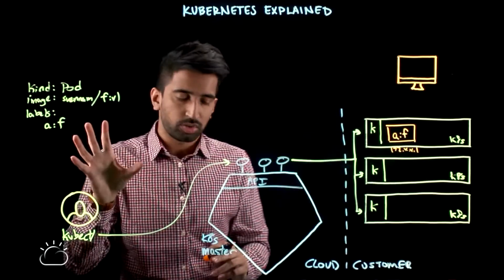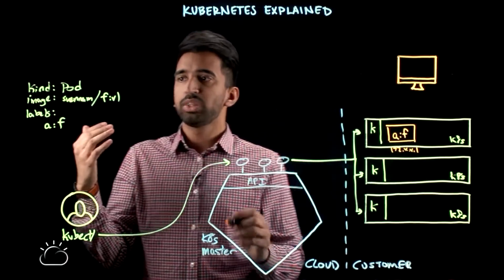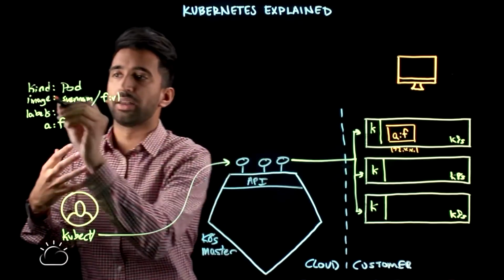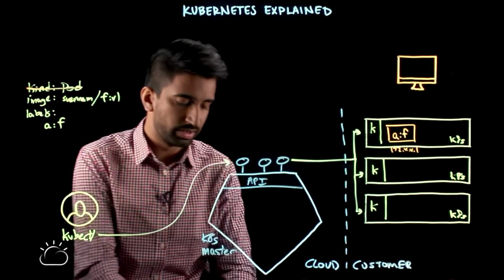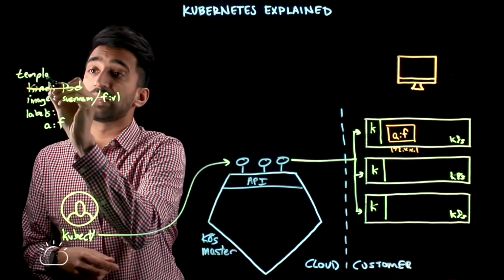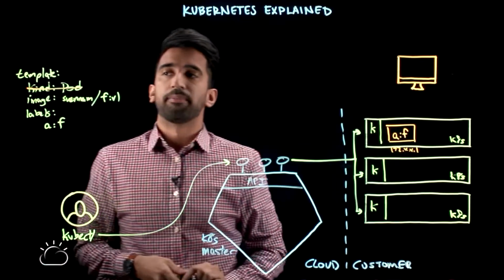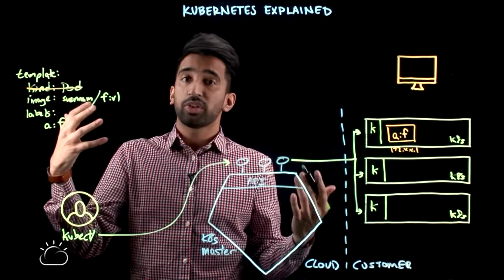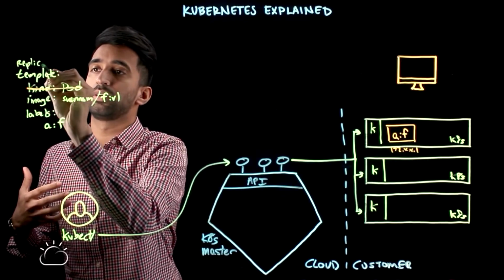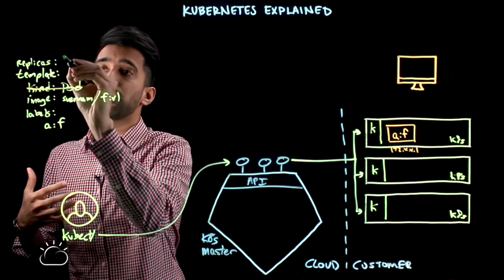So going back to our manifest here, one thing we need to do is tell Kubernetes that we don't want a pod, we want a template for a pod, right? So we'll scratch that out, and we'll say that this is a template for a pod. On top of that, we've got a few other things that we want. So the number of replicas, let's say we want 3.